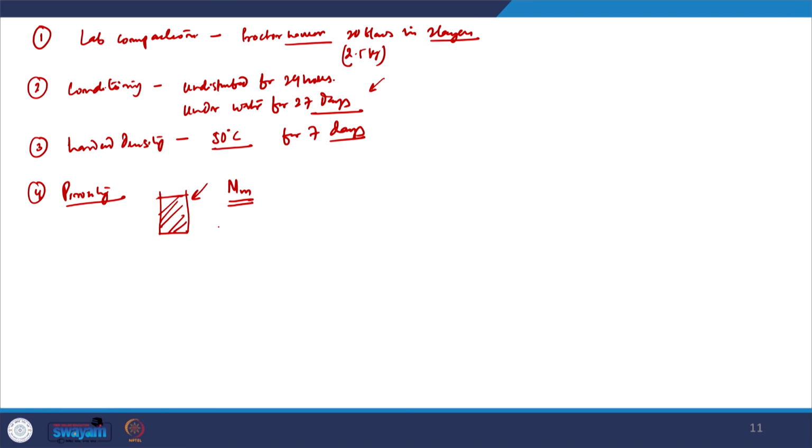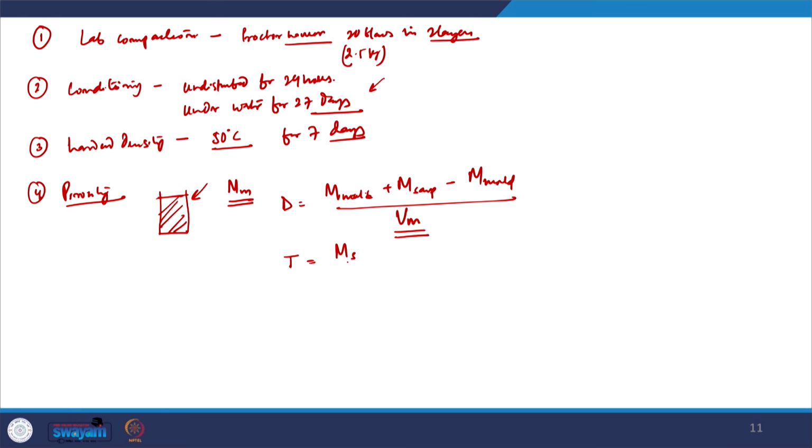Then you calculate the density as mass of the mold plus mass of sample minus mass of mold. So, this will give you the mass of the sample divided by the volume of the mold. Okay. So, this will give you the compacted density.